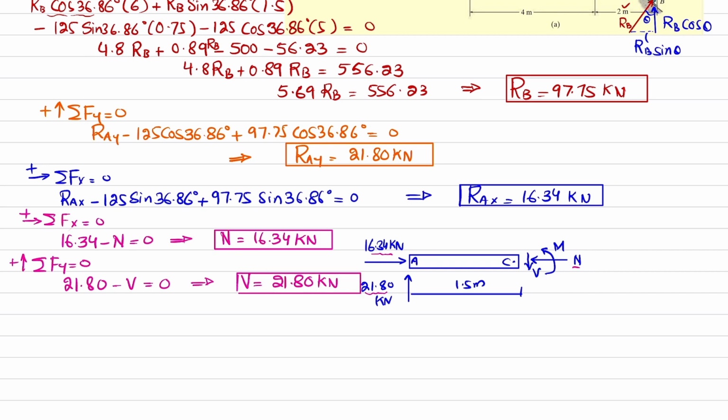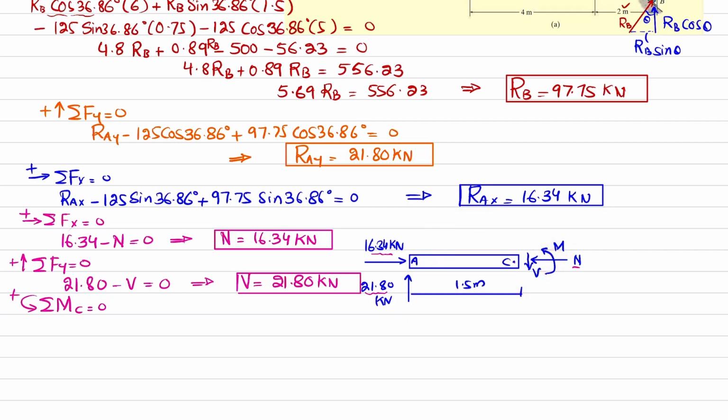And the last thing is moment. We will find this moment by using equation of equilibrium, that sum of all moments about point C is equal to 0, taking the counterclockwise moment as positive. So about point C, one moment is due to this load, which is 21.80 into perpendicular distance 1.5, that is acting clockwise, so it will be negative. Plus there is a reaction moment M, their sum must be equal to 0.